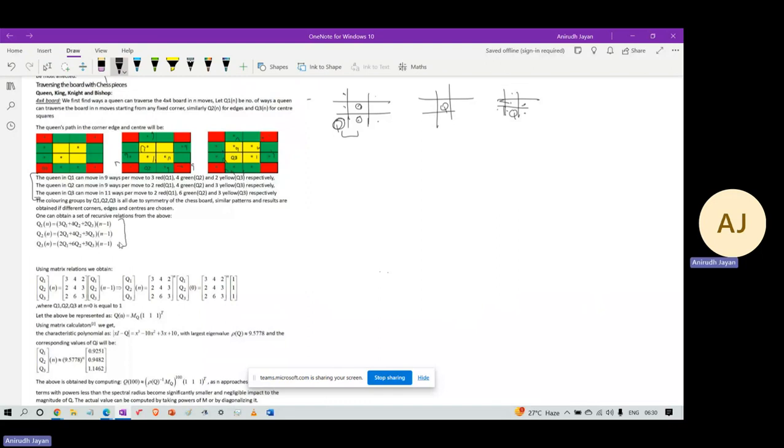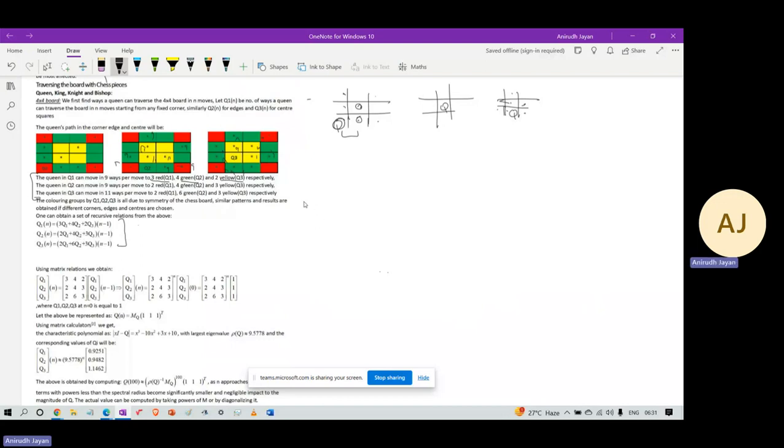It is said as the following: 3 red, 4 green, 2 yellow, 3q1, 4q2, 2q3. After making one move, it must move to one of these squares. Therefore, after making the first move, it must make the remaining n-1 moves from these squares. Therefore, we get the following three recursive equations.